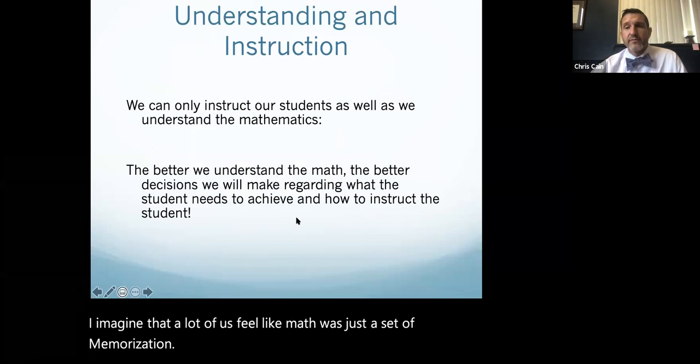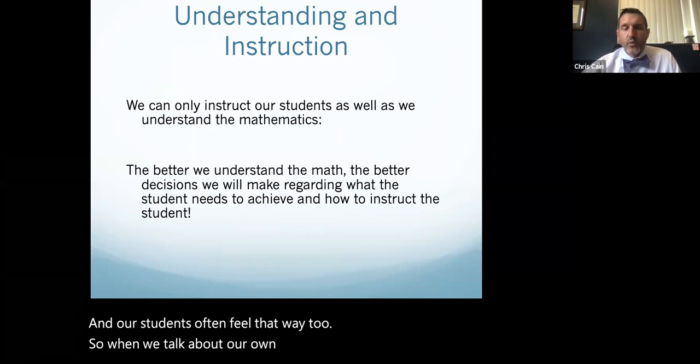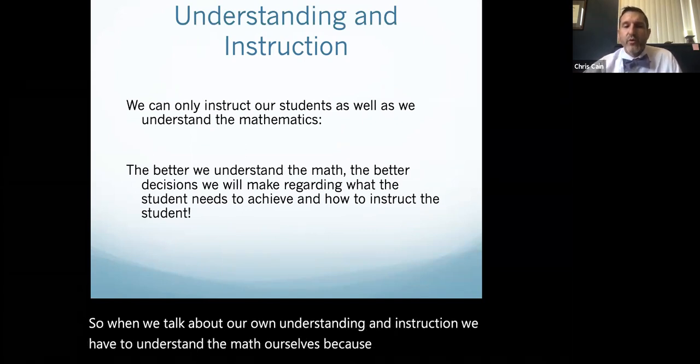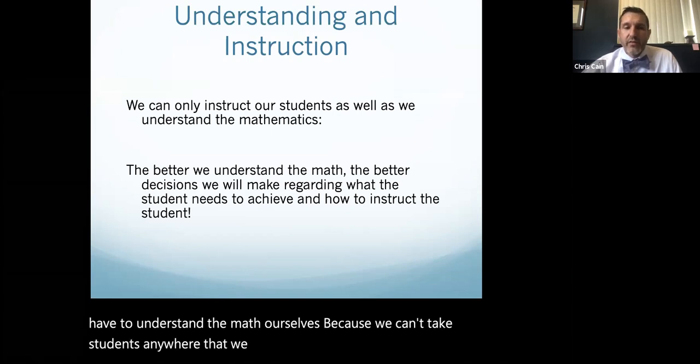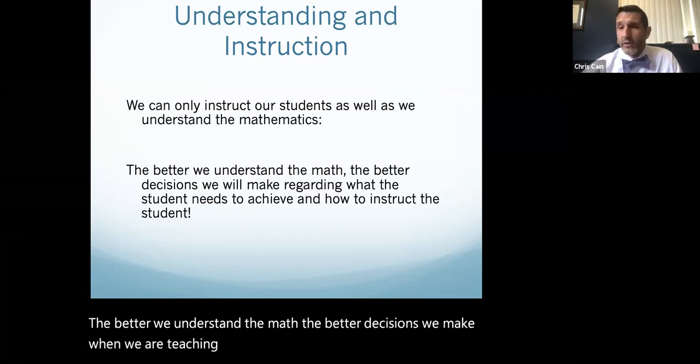And our students often feel that way too. So when we talk about our own understanding and instruction, we have to understand the math ourselves because we can't take students anywhere that we can't go. The better we understand the math, the better decisions we make when we are teaching the math, no matter what level our students are at.